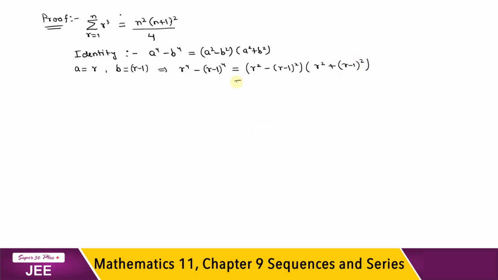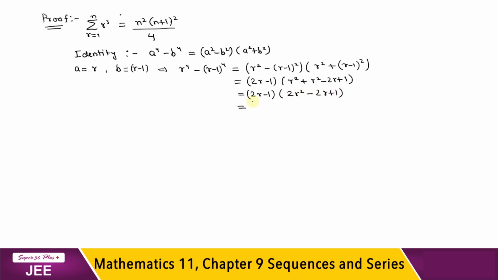So again over here we can apply the a square minus b square identity. This gives us a minus b, which is equal to 1, and a plus b, which is equal to 2r minus 1. And here we can write r square plus r square minus 2r plus 1.